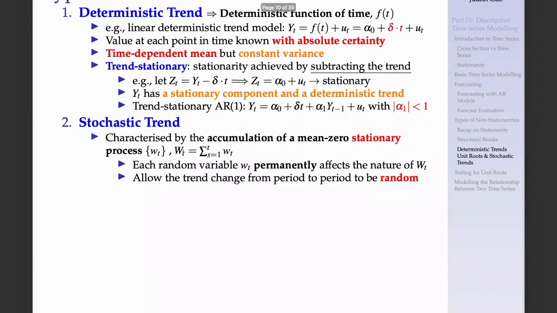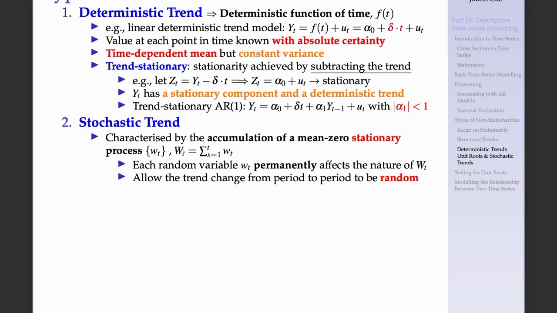Essentially, each random variable w, given that it's not multiplied by any coefficient, you could just think of it as being multiplied by 1, analogous to the random walk case, okay? So in the stochastic trend, each random variable, the lowercase wt, permanently affects the nature of the trend.